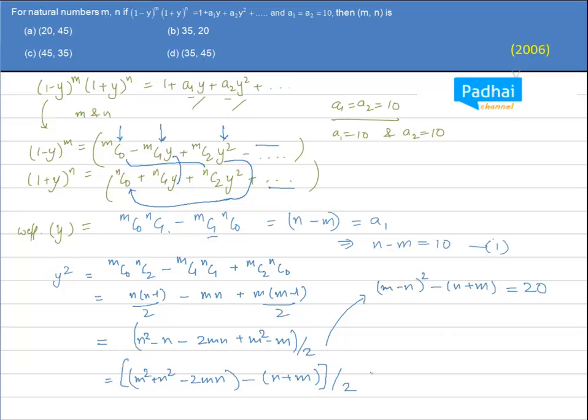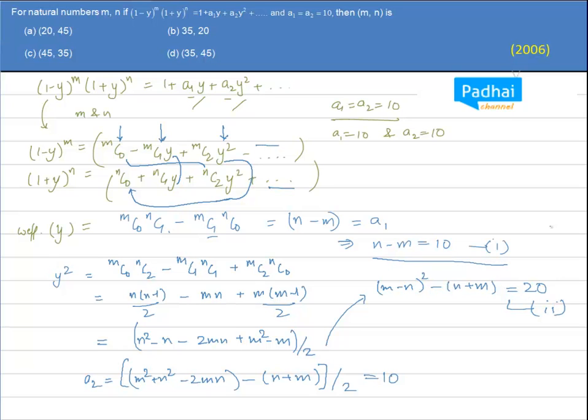Now because this is given to me to be equal to 10, so I can directly put it, because this was the a2 coefficient of y square. So if I put it equal to 10, this will become 20. Now using the values which we have already used, let me again change the pen so that you can distinguish between the two. This is our second equation.